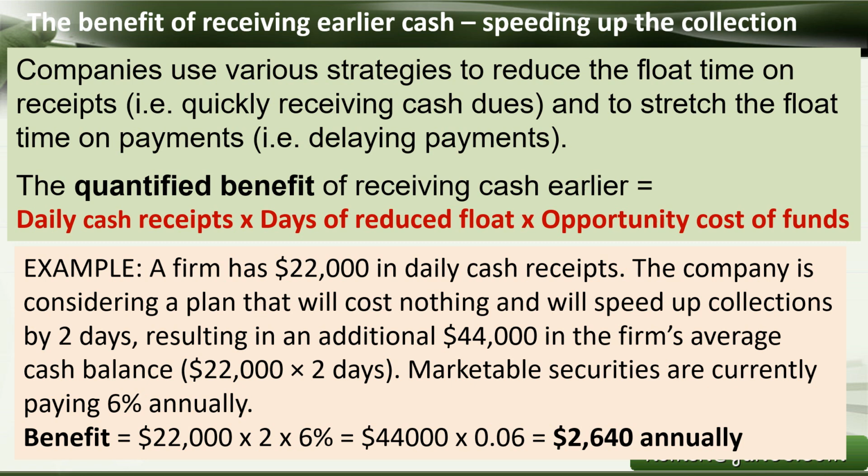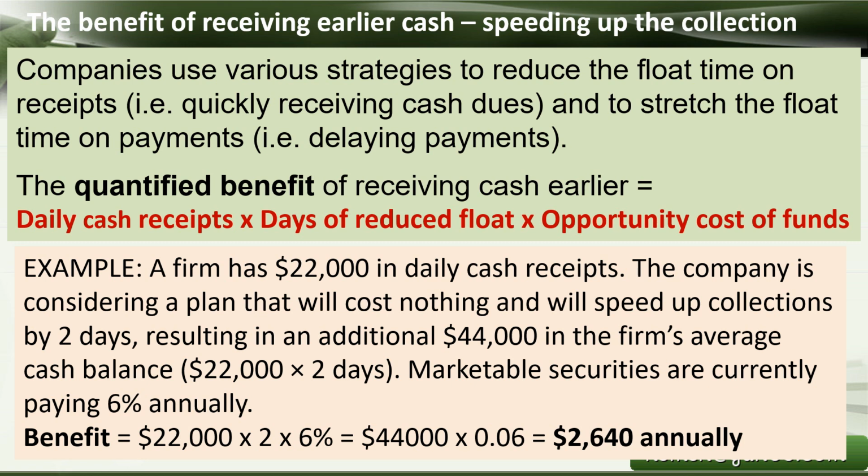So they will reduce the collection time by 2 days, resulting in an additional $44,000 in the firm's average cash balance. Because daily cash receipts are $22,000 and 2 days reduced means $44,000 in the firm's average cash balance.